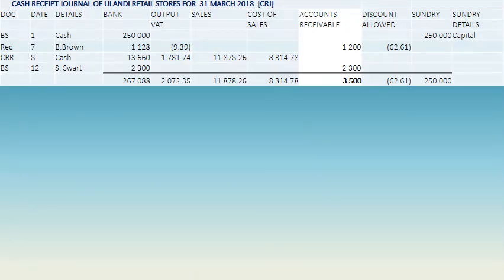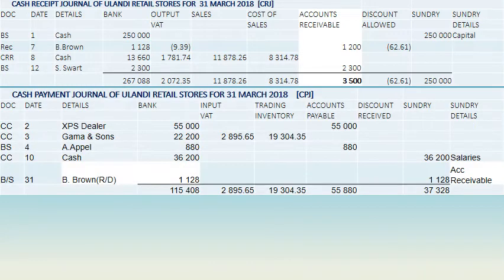In the cash receipt journal, the column for the accounts receivable was posted in the general ledger. In the cash payment journal, at the end of the month, an RD check was recorded. This RD check was also posted to the accounts receivable control in the general ledger.